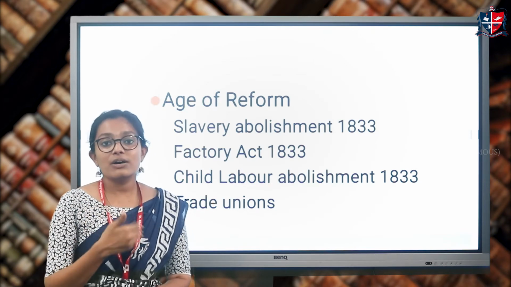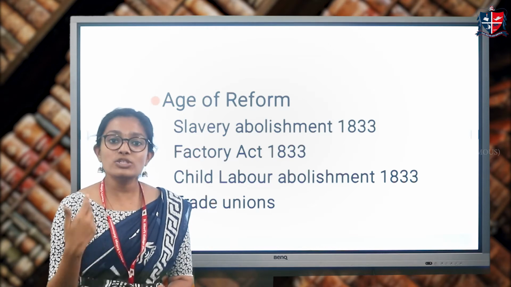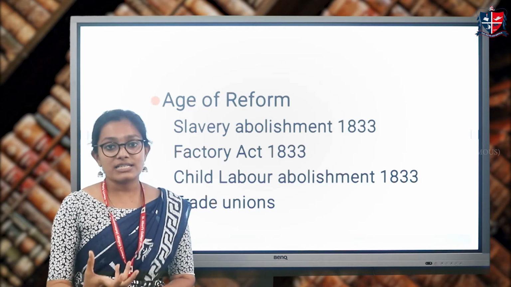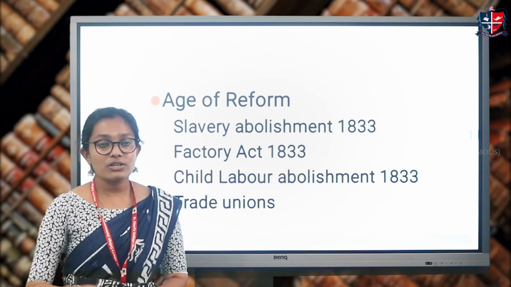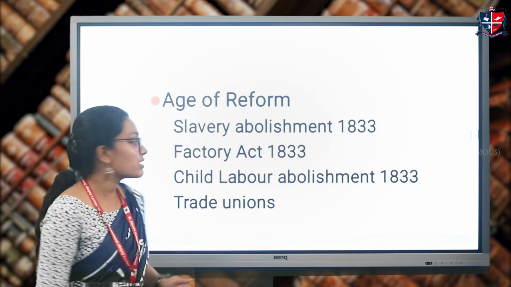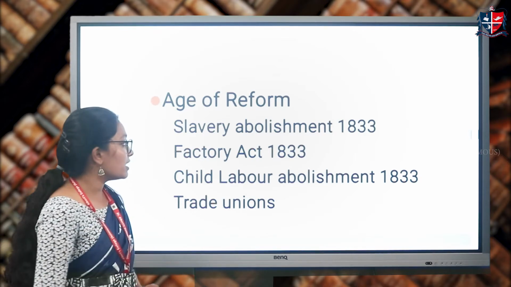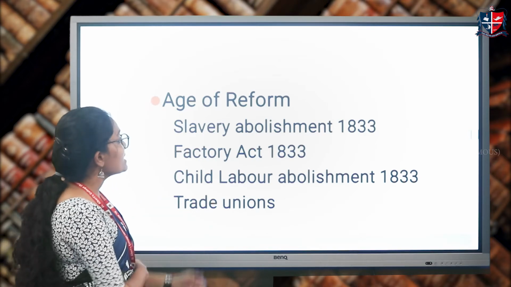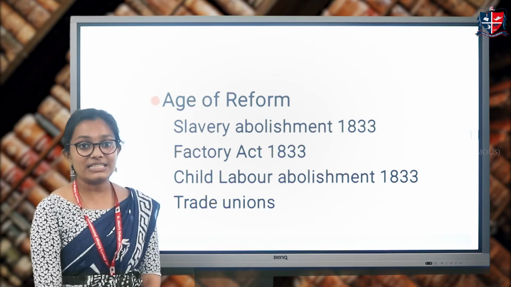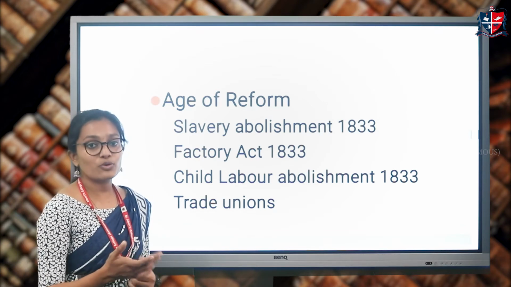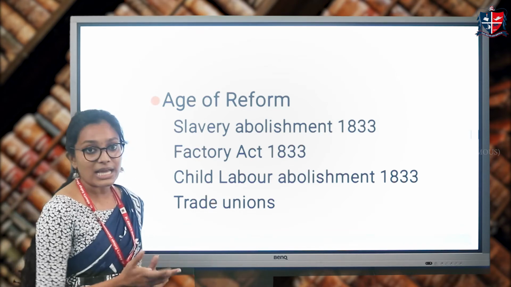So they started a movement towards the parliament, and they requested the parliament to pass some reformation bills. So in the age of reformation, many acts were passed. One is the abolishment of slavery act of 1833. That is, the abolishment of slavery act was put forward during that period.